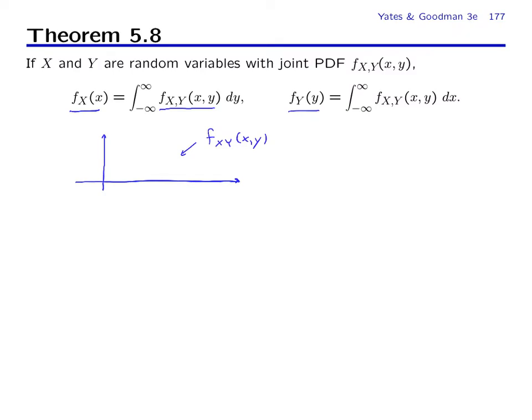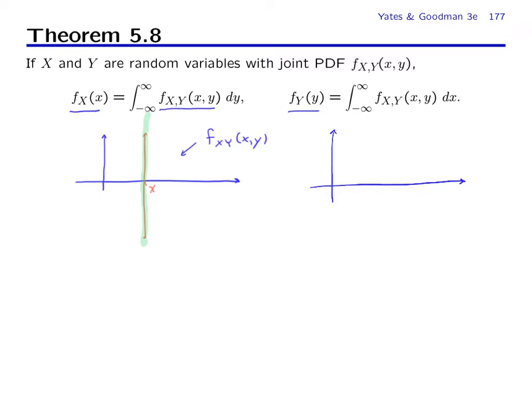And what this line integral is doing, for a particular value of x, is essentially adding up all of the probability along this line. And that's giving you the density function for x. And the same thing applies for random variable y.